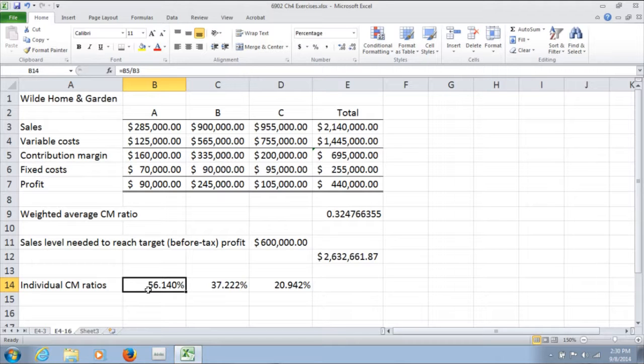Now, the student would probably say, well, why aren't we selling more from Department A altogether? Notice that Department A is at 285 in sales, and the other two are over 900 in sales when we have just over 2 million in total sales. So Department A's relative share is very small.